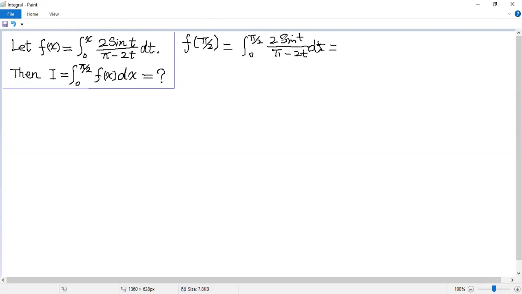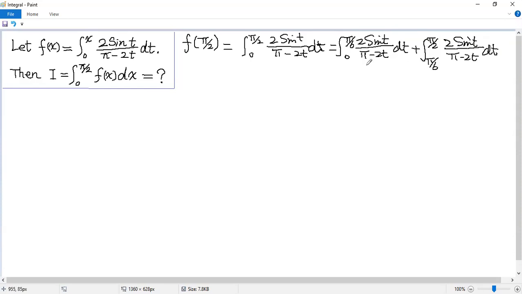So we can break up the interval into two parts: from 0 to pi over 6 of 2 sin t over pi minus 2t dt, plus from pi over 6 to pi over 2 of 2 sin t over pi minus 2t dt.